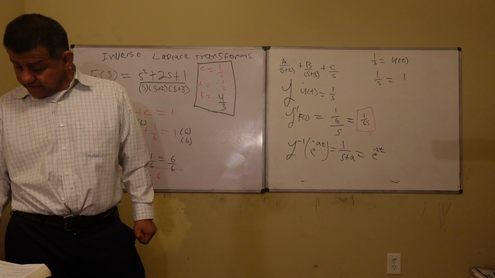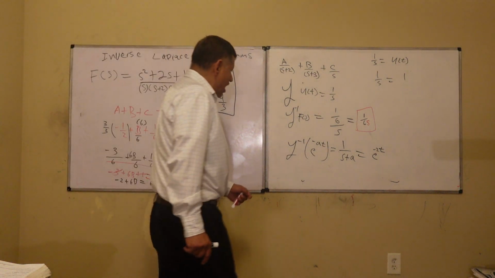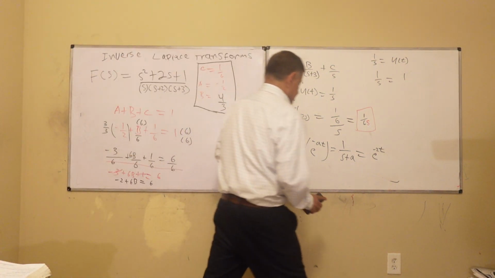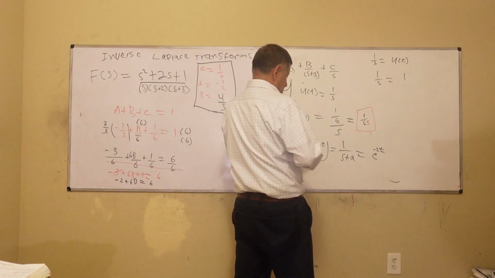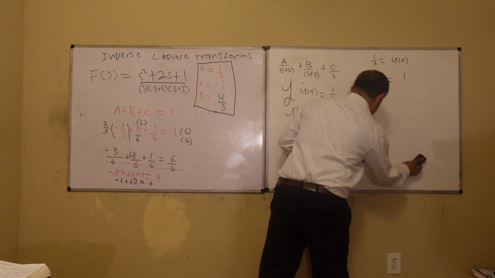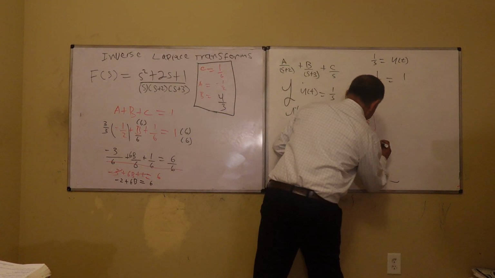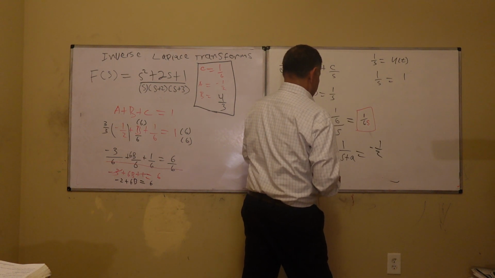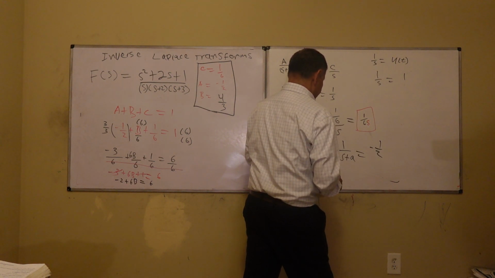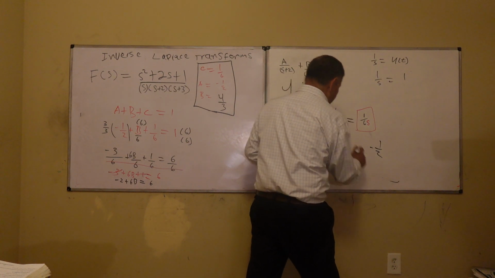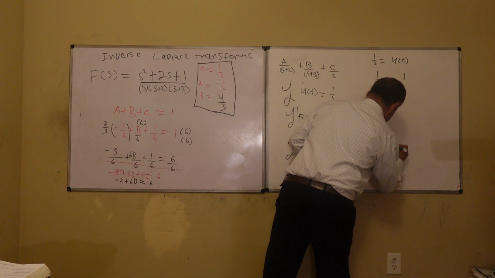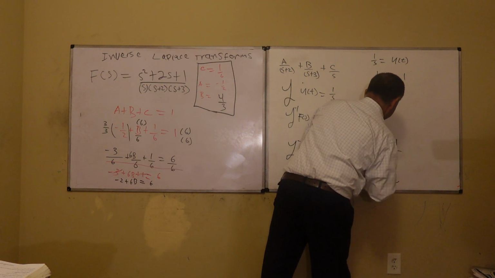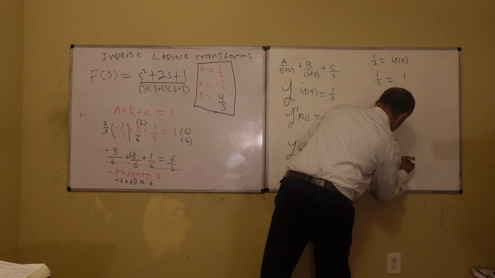I know it's going to be negative 1/2 on top, and that negative 1/2 is multiplying 1 over s plus a.